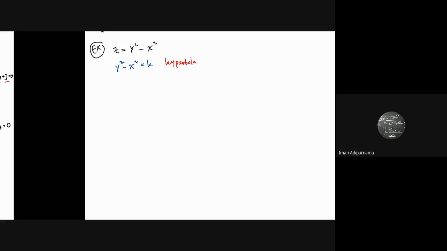If we have x equals k, we will have z equals y squared minus k squared, which means this is a parabola. If we have y equals k, we also have a parabola, but a different parabola from the previous one. So this is k squared minus x squared, also a parabola. This is open up, this is open to the bottom.